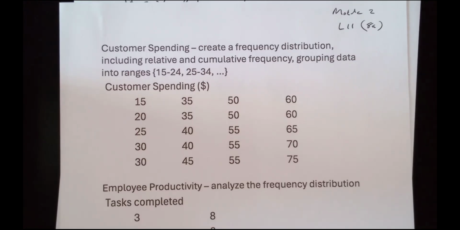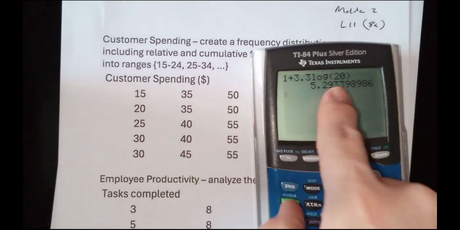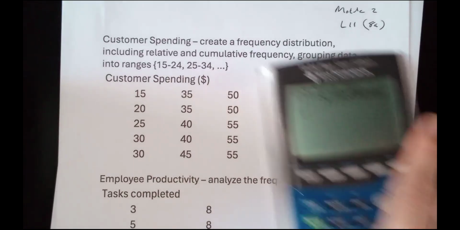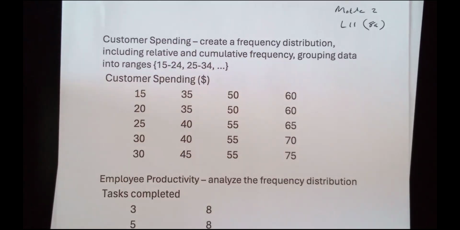So I could figure out how far each bin should go. On the other hand, if I use 6 bins, 60 divided by 6 is 10. 15 to 24, 25 to 34. That's where I got these numbers from. I decided 6 bins is going to give me a good dividing range.